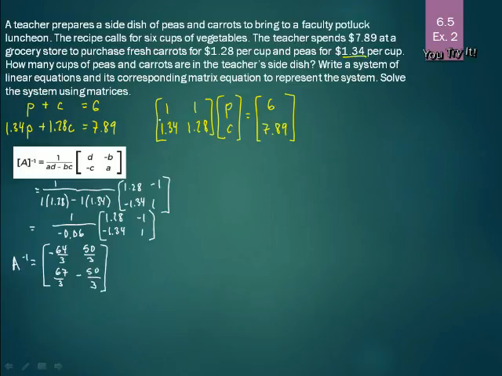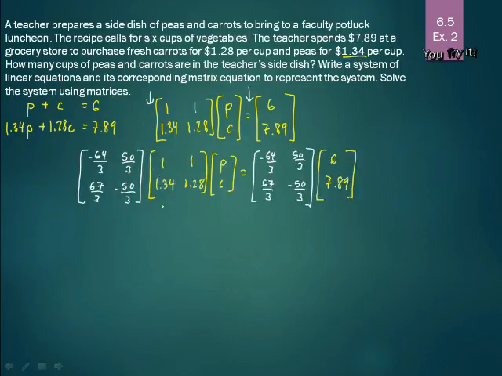Using this inverse matrix, I'm going to put that on the left side of both of these matrices. Now I can do our matrix multiplication starting from the left. Starting with the first row, multiplying by the first column, we get negative 64 thirds, the first entry, times the first entry of the first column, 1, plus 50 thirds, the second entry of the first row, times the second entry of the first column.